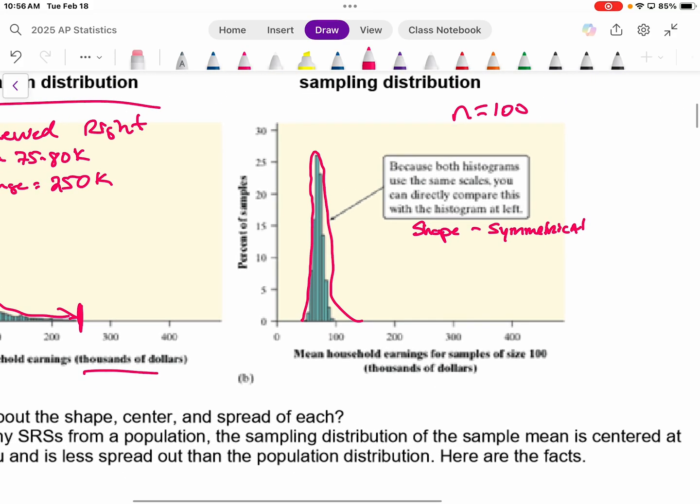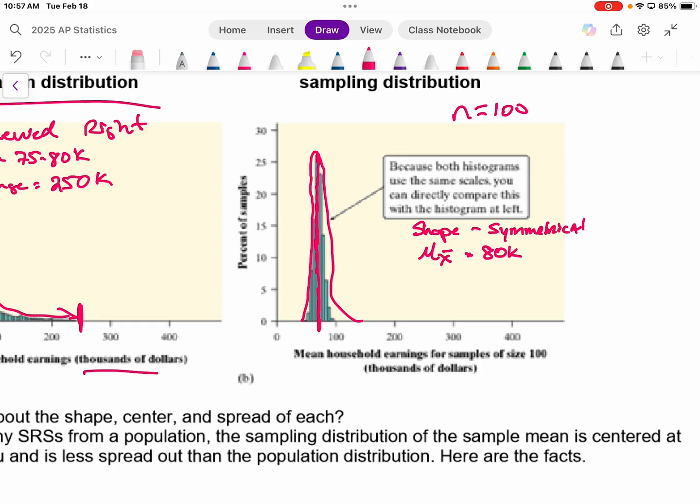What about our mean of X bar? The mean is going to be probably smack dab in the center there, which looks like about the same, maybe a little bit closer to the 80 mark, because it's not as spread out, so it's more tightly centered.